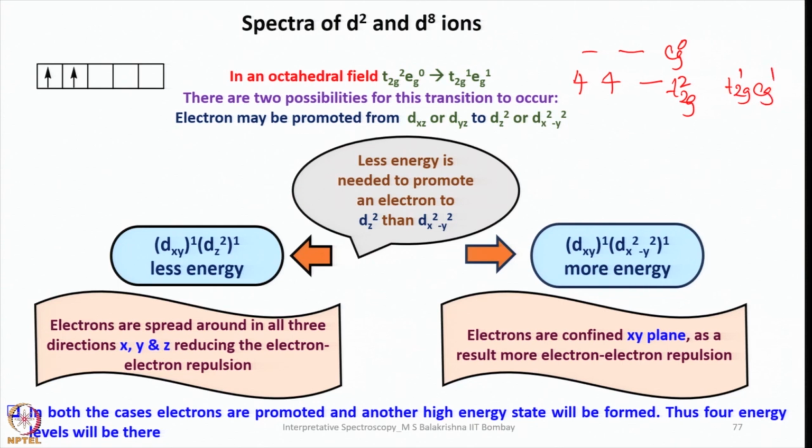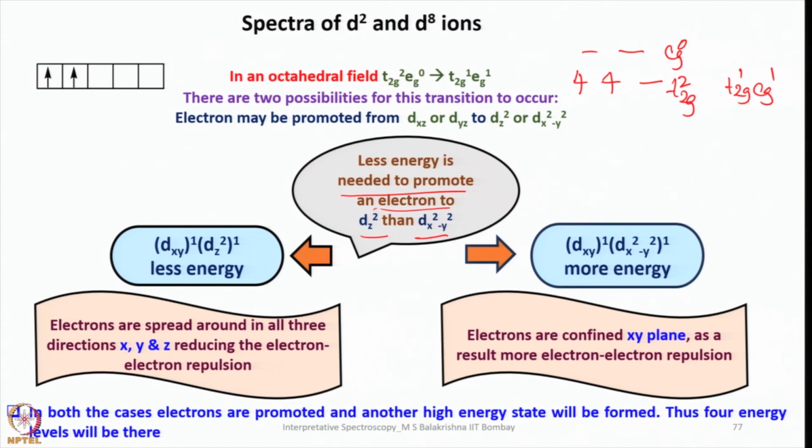Electrons may be promoted from dxy, dxz or dyz to dz square or dx minus y square. Less energy is needed to promote an electron to dz square than to dx minus y square. You can go back to tetragonal elongation and tetragonal compression, and you would understand the benefit of promoting one electron to dz square or dx minus y square.